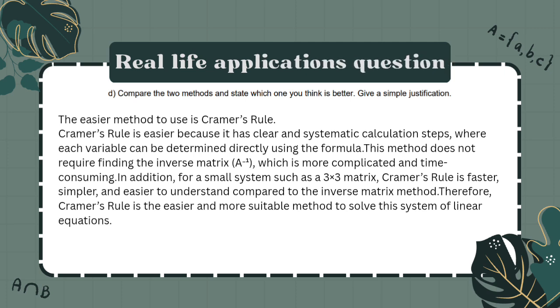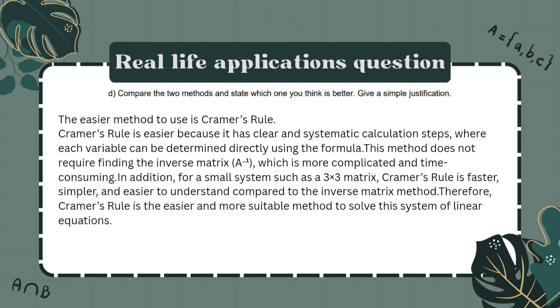Question D is compare the two methods and state which one you think is better. Give a simple justification. The easier method to use is Cramer's rule. Cramer's rule is easier because it has clear and systematic calculation steps where each variable can be determined directly using the formula.